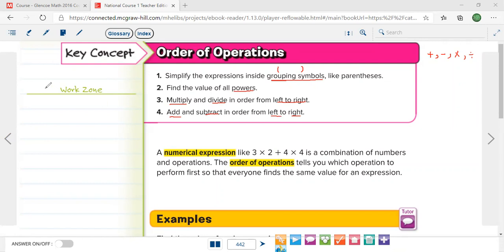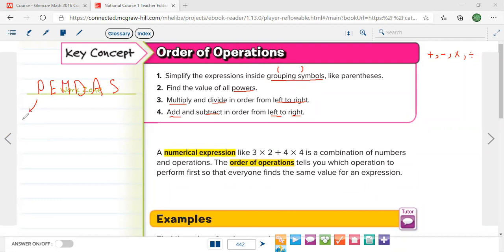This is gathered in this word, the PEMDAS rule. Just remember this word.